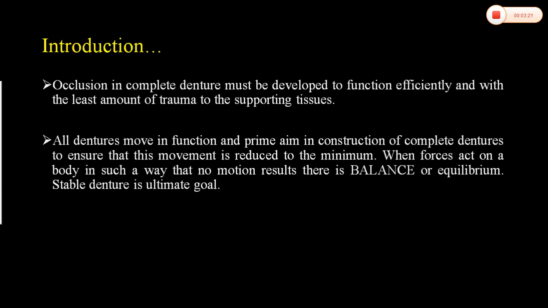So coming to the introduction, the occlusion in complete denture must be developed to function efficiently and with the least amount of trauma to the supporting tissue. As all of you know, in which patients do you give complete denture? When there is a completely edentulous patient.